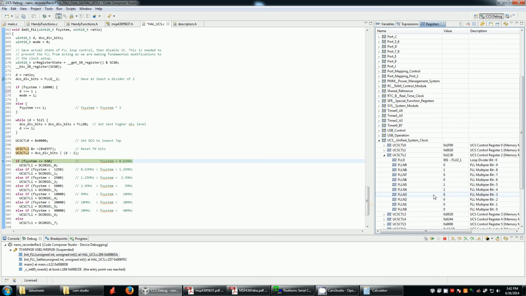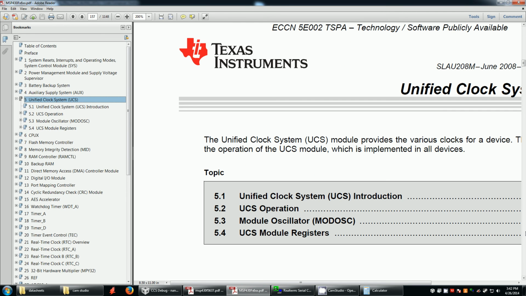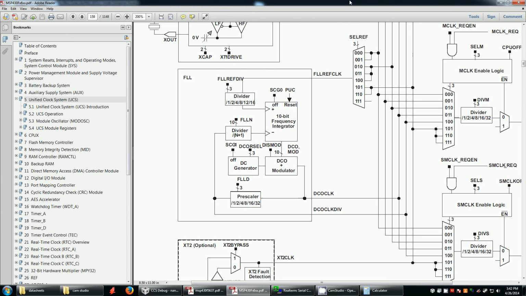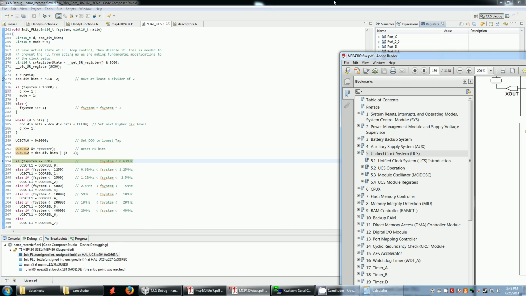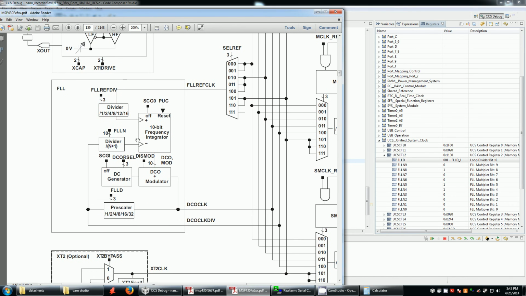Alright. So if we look at this, here's FFLD, which is this. So we're going to divide the output by 2, and then it's going to come up here and get divided by, I think it was like 304.